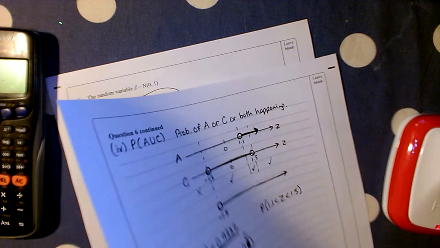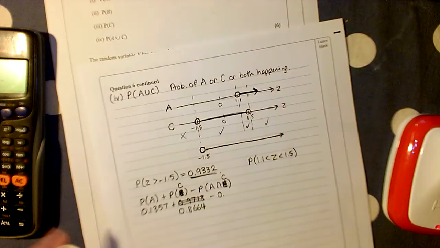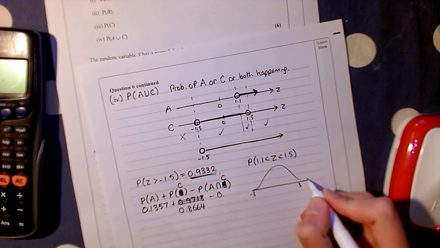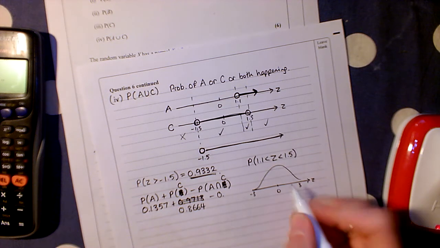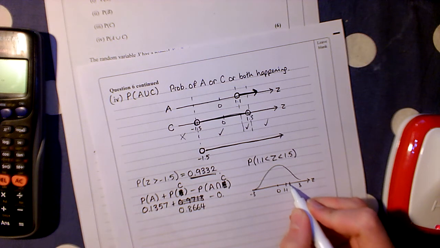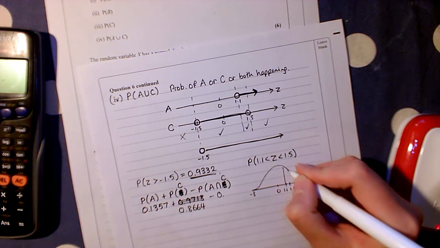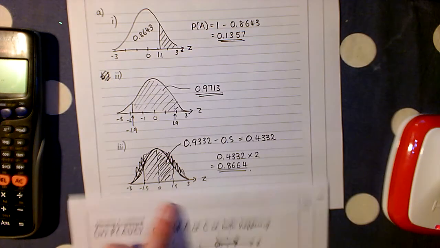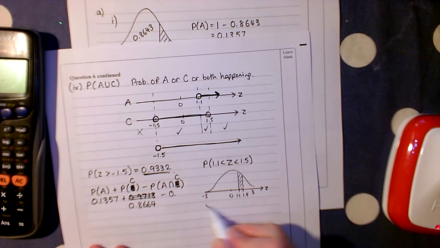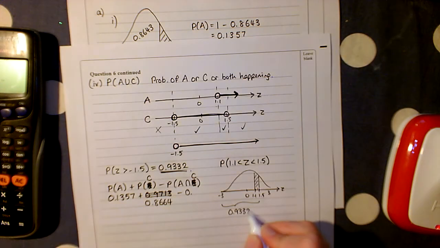Now actually that's more difficult because we'll have to do a bit of work for that. So if I draw the diagram from -3 to 3 for Z, 0, and we're going from 1.1 to 1.5. So we're really looking for quite a small number. So we have information about up to 1.5 being 0.9332. So the area all the way up to there is 0.9332.